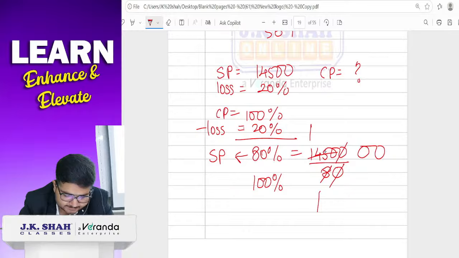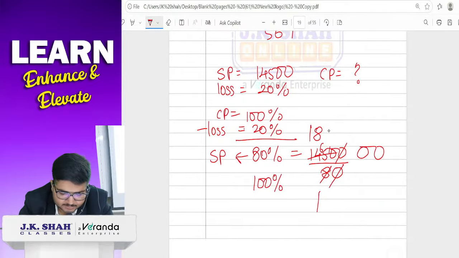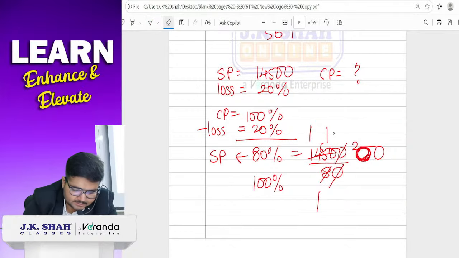Remainder is 6. 8 8s are 64. Remainder is 1. 8 ones are 8. Remainder is 2.